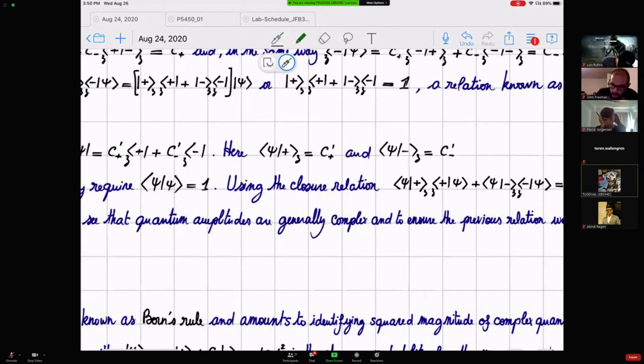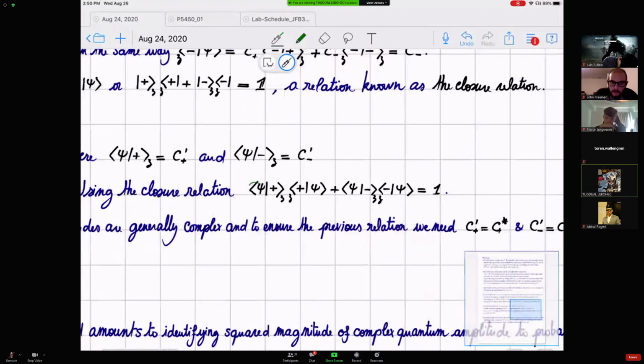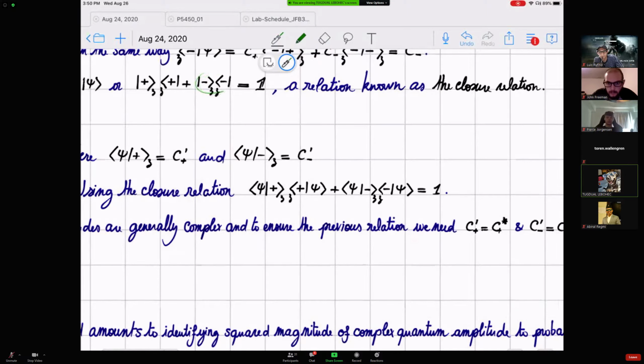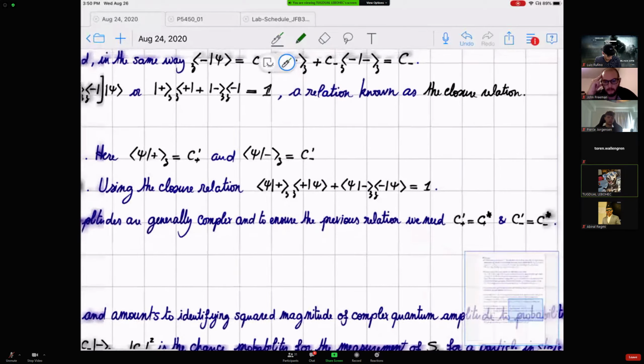So if you do that, you're going to obtain bra psi times the first term of the closure relation times ket psi. Here's the bra, here's the ket, and it is bracketing this term. And I have bra psi times the second term in the closure relation, multiplying the ket psi.